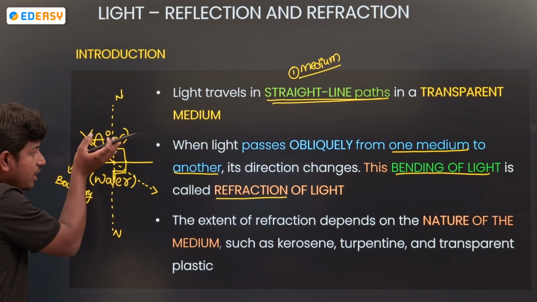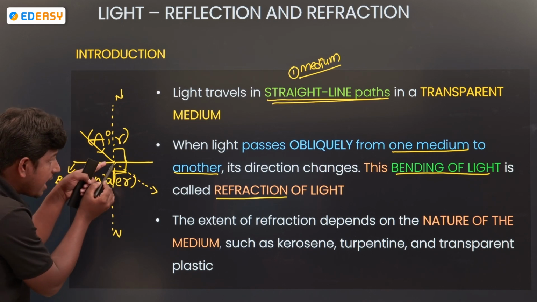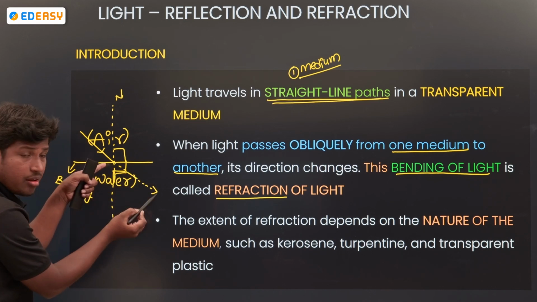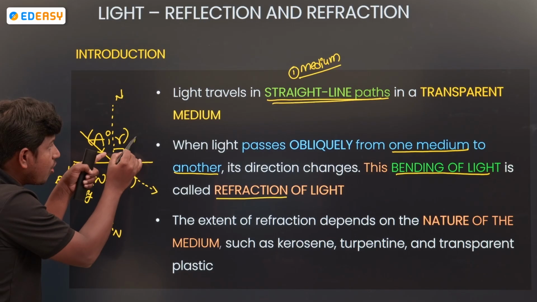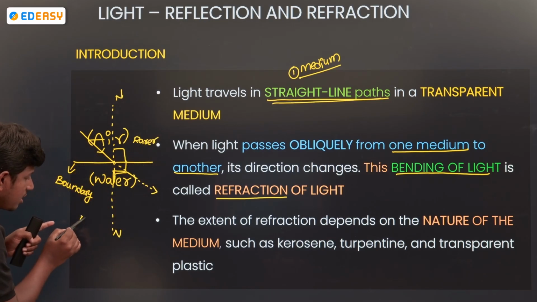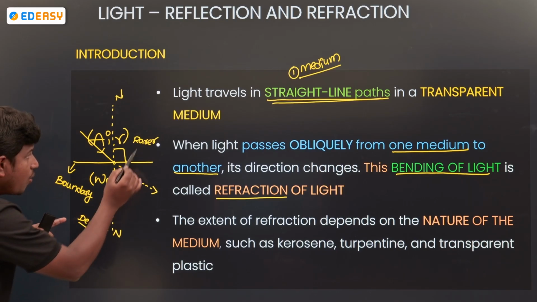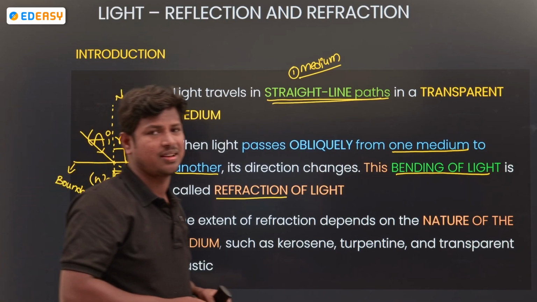Whenever light travels from air to water, what happens? See, this is the actual direction of the light ray. Air we call the rarer medium, and water we call the denser medium. Here you may have a confusion about what is rarer and what is denser.